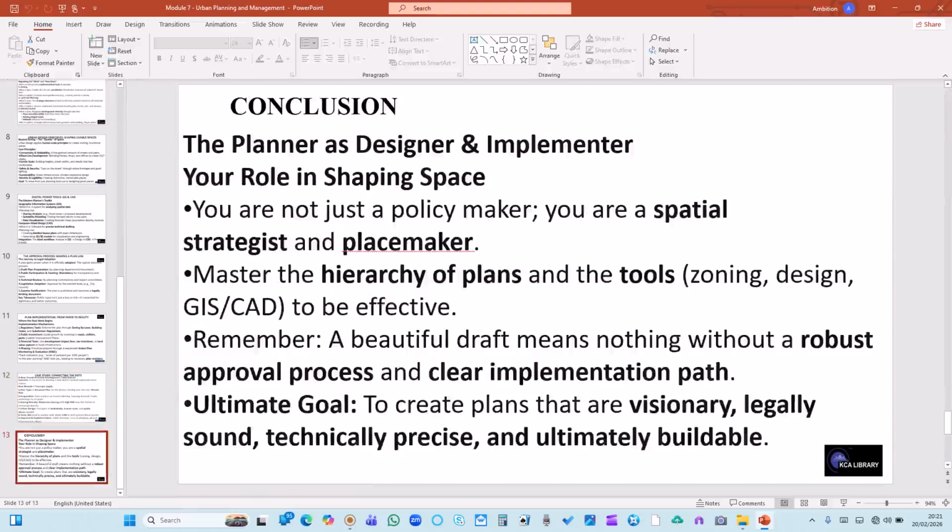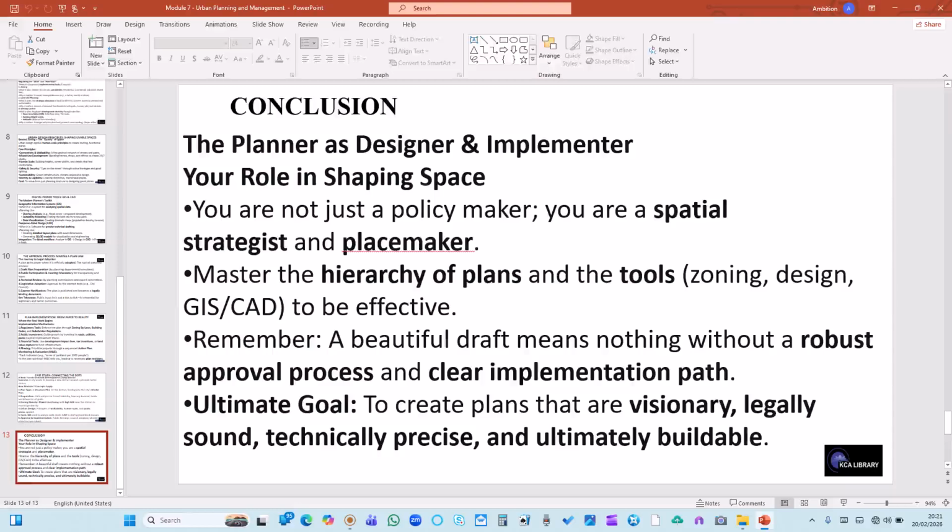In conclusion, planners are designers and implementers. Your role in shaping space includes: you are not just a policymaker, you are also a spatial strategist and place maker. Master the hierarchy of plans and the tools such as zoning, design, geographic information system, and computer-aided design to be effective.